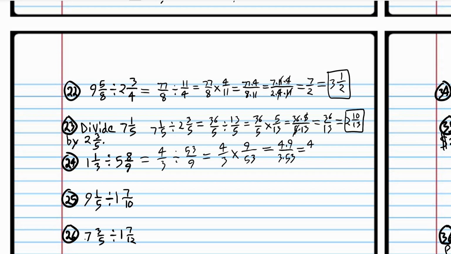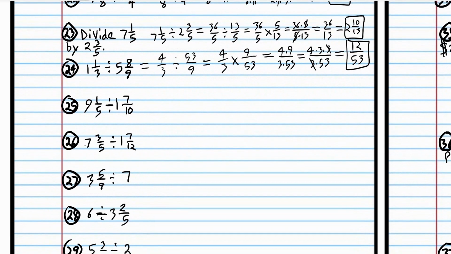Factor the 9 to 3 times 3. And there's one 3 in the bottom, and that means we can cancel out only one 3 in the top. We can cancel out either one, but not both. Then we recombine the 4 and the 3. 4 times 3 is 12, and you're just left with 53 in the denominator. Why don't you try 25, and when you come back, we'll do it together.